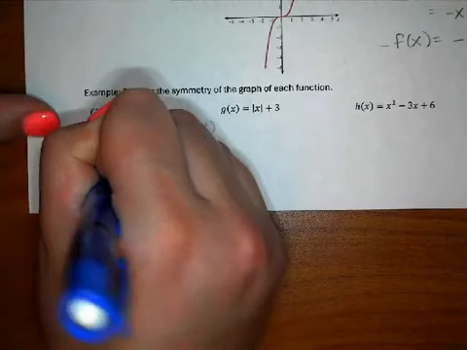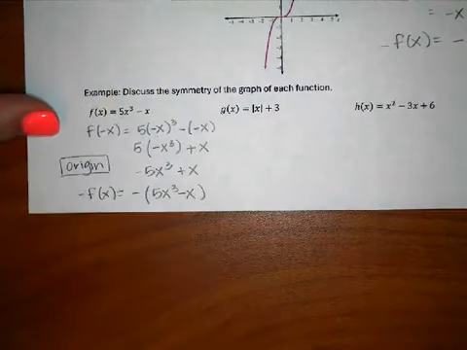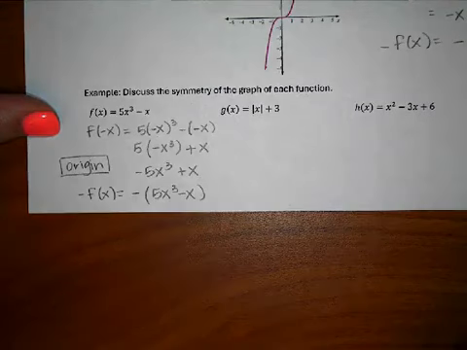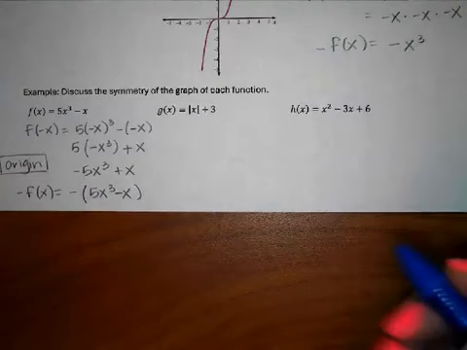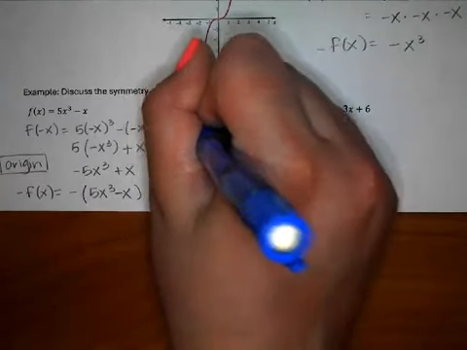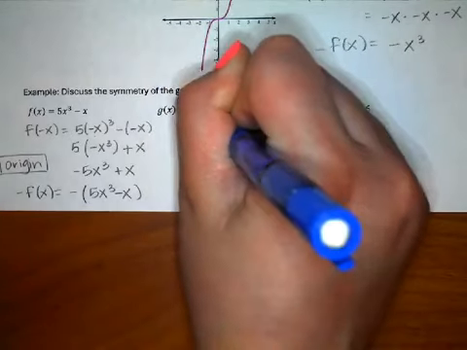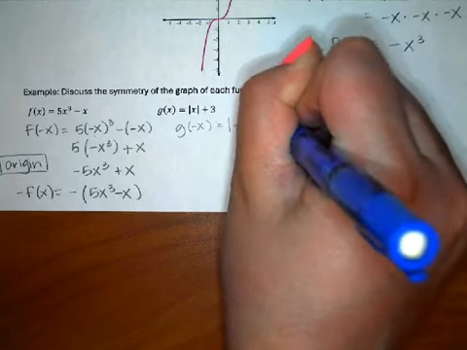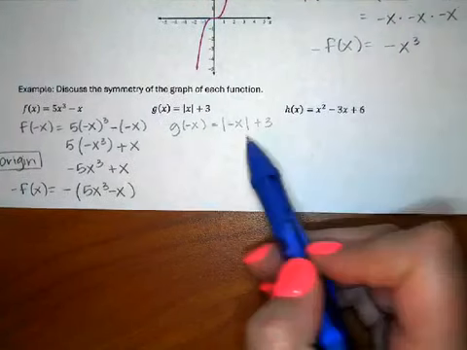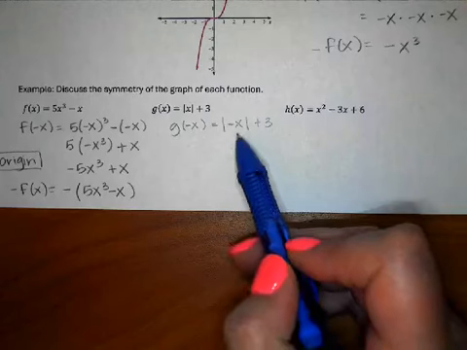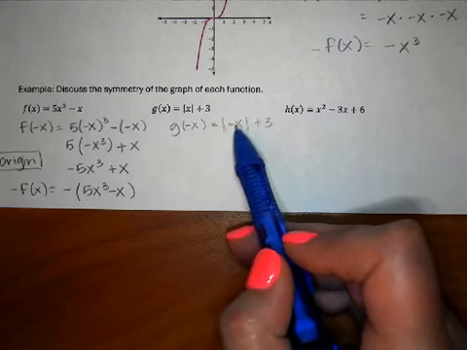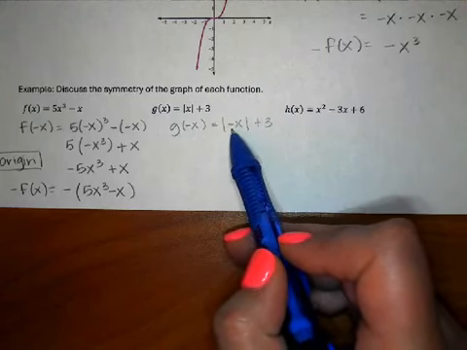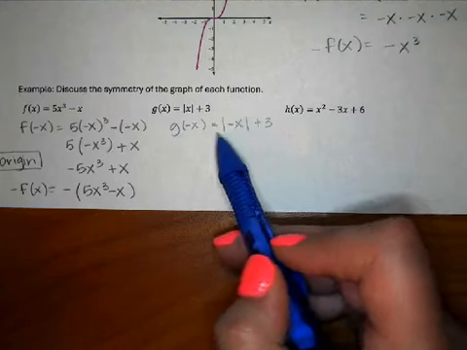Okay, let's look at this one. So g of negative x, we're going to plug in a negative x and add 3. Now with an absolute value function, it doesn't matter if I put a negative sign in there with the x. No matter what happens, it's going to give me a positive result. So this is going to be the same as the absolute value of x plus 3.